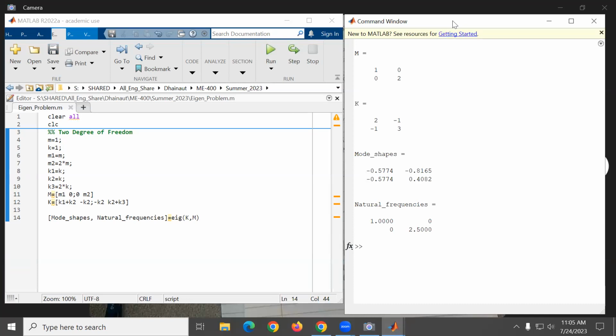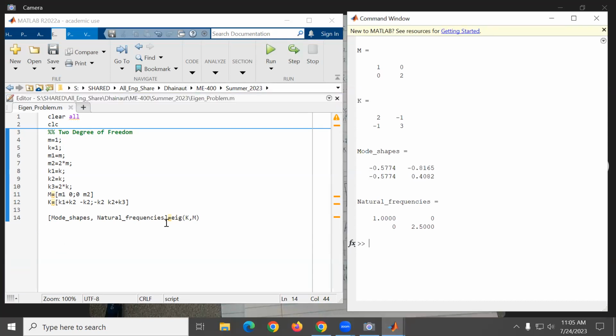Here we go. Now this becomes a bit confusing. You type this and it gives two matrices, one called mode shapes or eigenvectors, the other called natural frequencies, so eigenvalues. These values over here correspond to what?